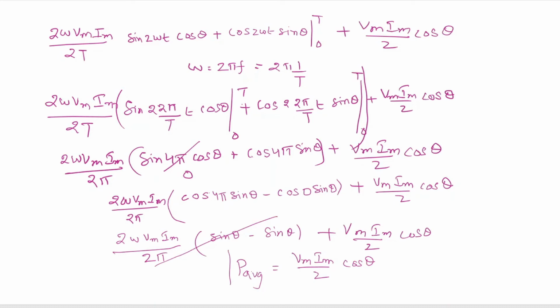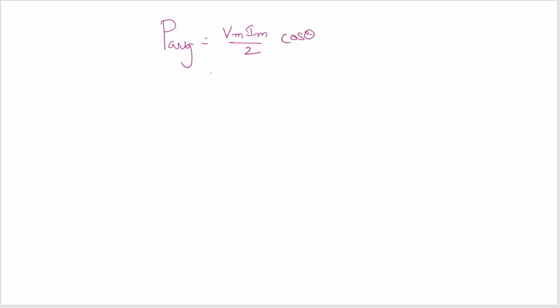Is it understood till here? So what is P average we have derived? Any doubts till now? P average is equal to Vm Im by 2 cos theta. I can write this as Vm by root 2 and Im by root 2 into cos theta.